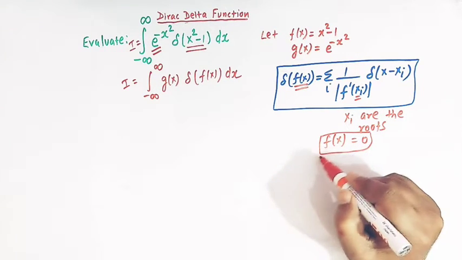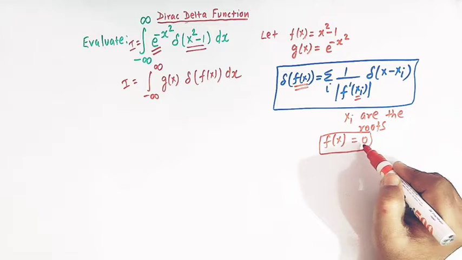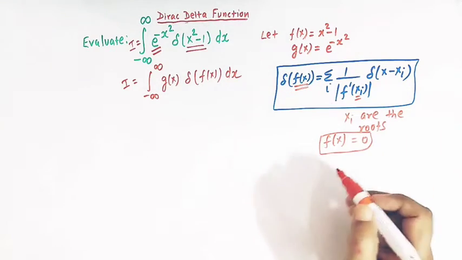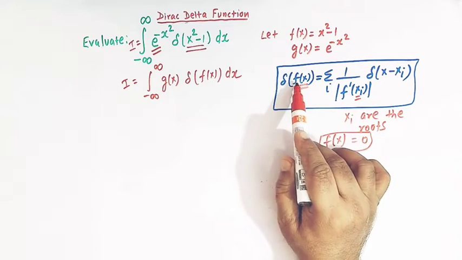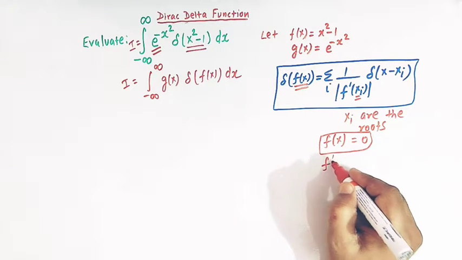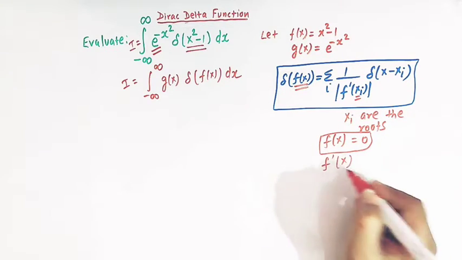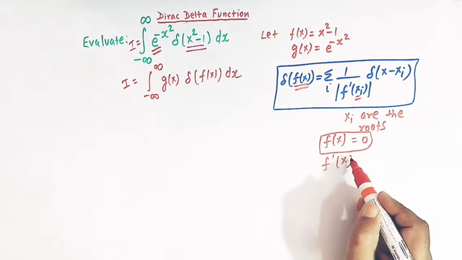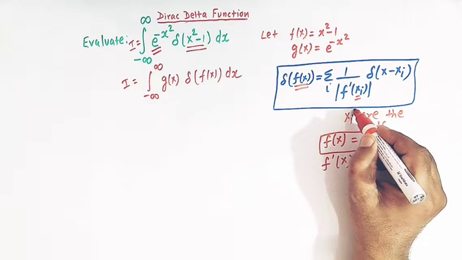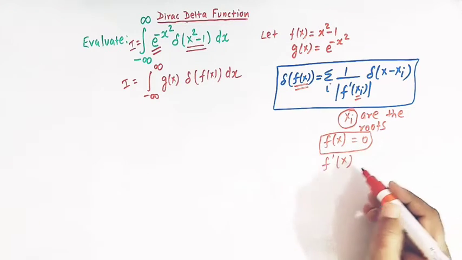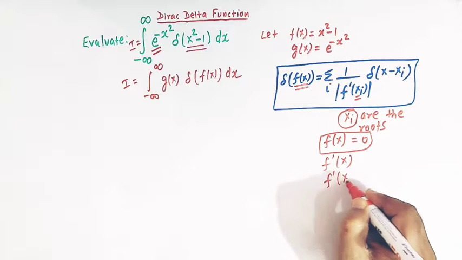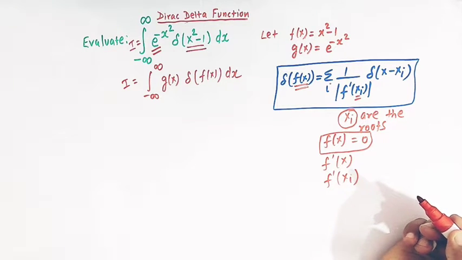After finding the solutions of f of x equal to 0, we find the derivative of this function, that is f prime of x, and then calculate this derivative at these points, so we find f prime of x_i.